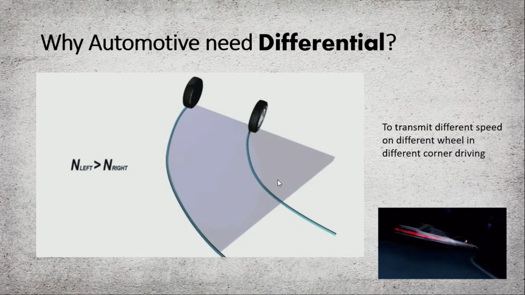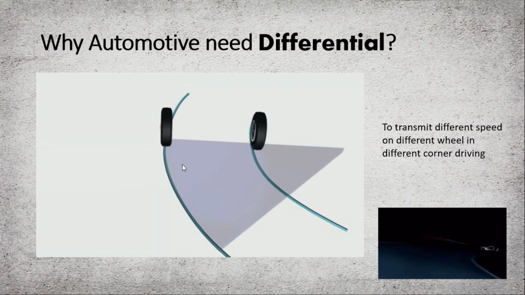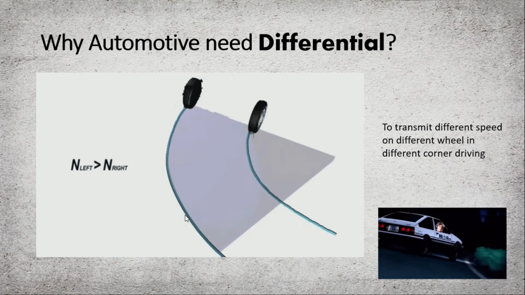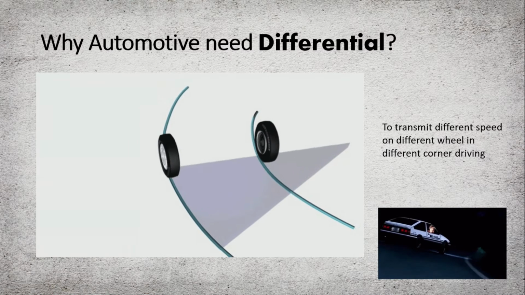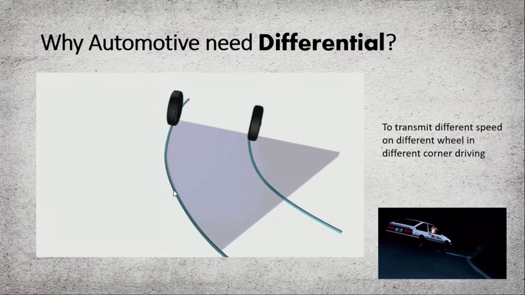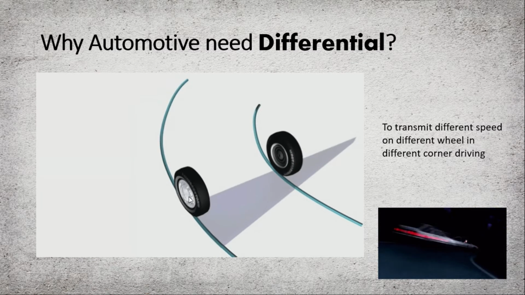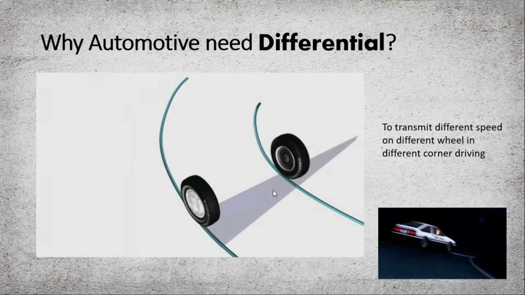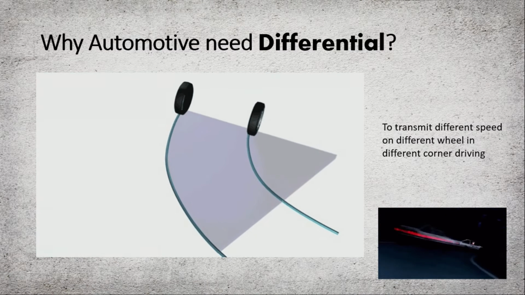From the animation, you can see the arc length for the left and the right is different, which means the distance they travel is also different, where the inner one is shorter than the outer one. So the outer one needs to run faster than the inner one, so that we could balance the distance travelled when taking a steering turn.